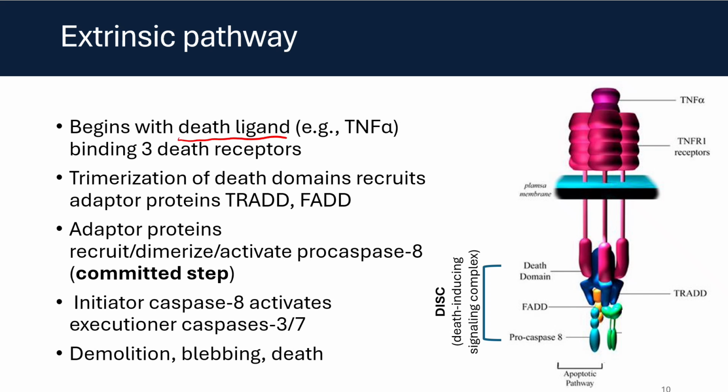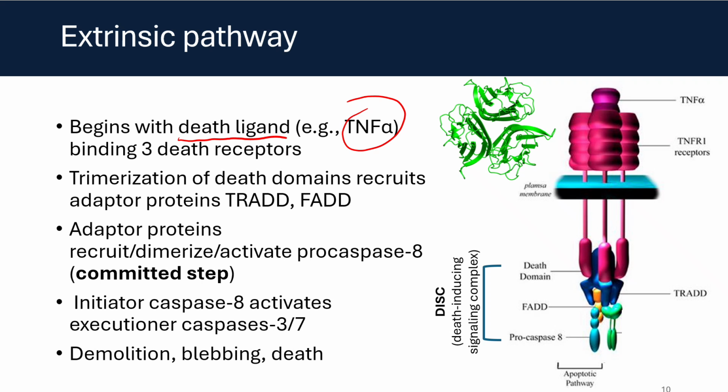Something like TNF-alpha, which is very important, showing you it over there. TNF-alpha is something that would be released by, let's say, a white blood cell as a way of instructing the cell receiving said factor to undergo apoptosis.